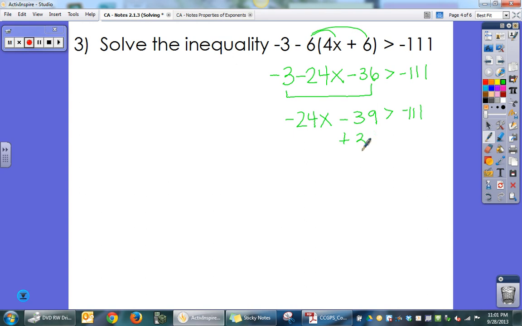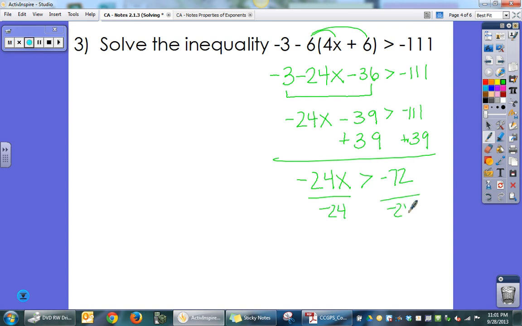Alright, now I'm going to add 39 to both sides, and negative 111 plus 39 is going to give me negative 72. And then I'm going to divide both sides by negative 24. And that's going to give me 3.